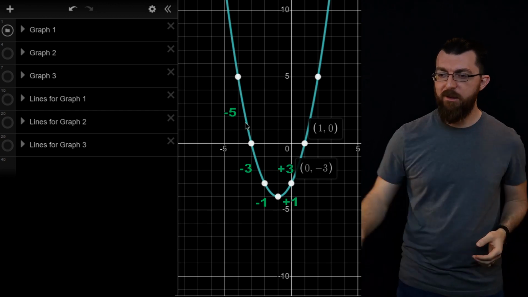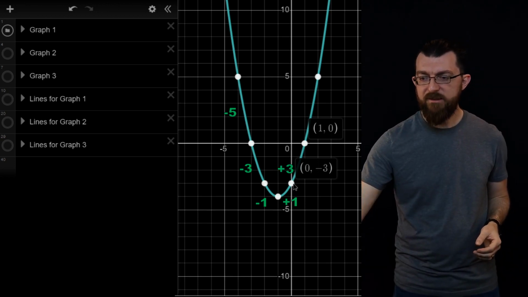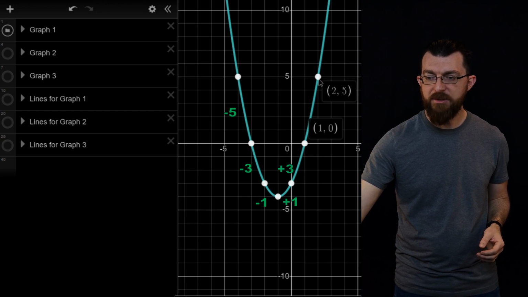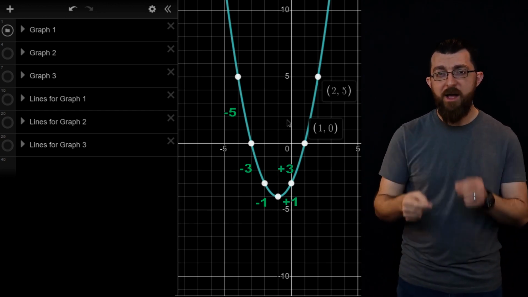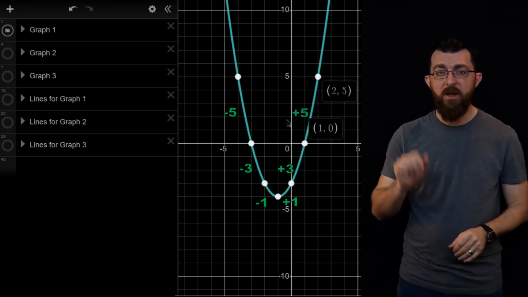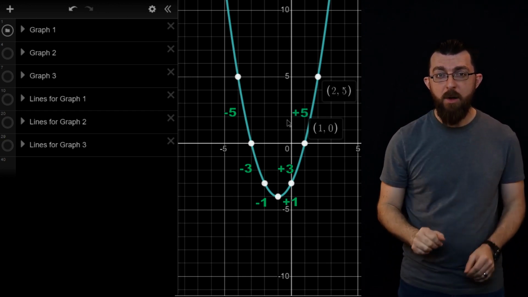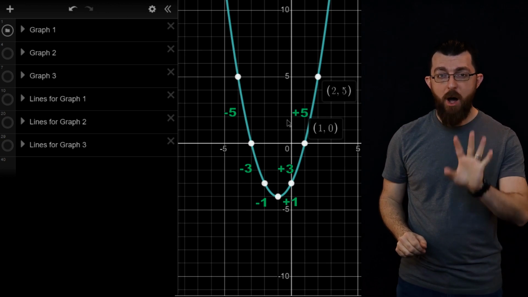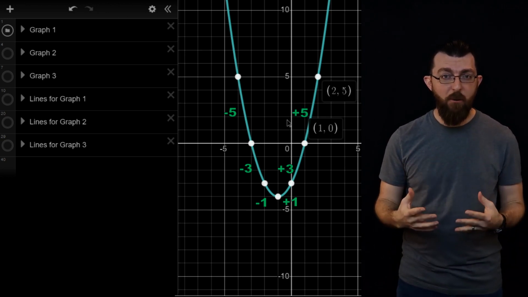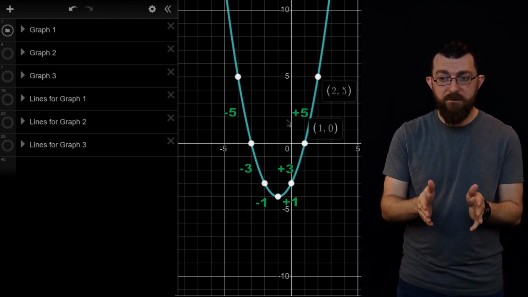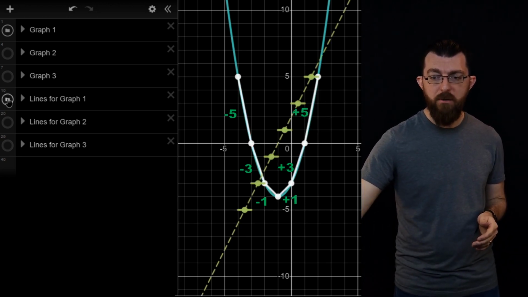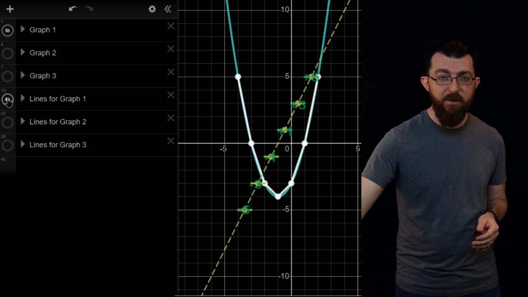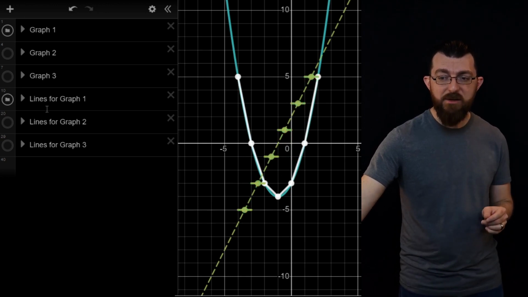What do you think comes next? This next segment, this last segment actually, goes from 1, 0 to 2, 5. That's right, it went over 1 and up by 5. 5, 3, 1 down, 1, 3, 5 up. Those are the slopes of even increments of a parabola. If you were to show those lines and then graph those slopes at the x values where they occur, they line up like this.